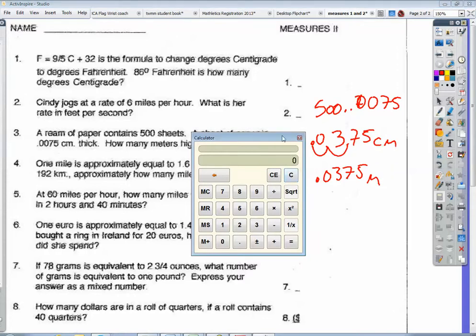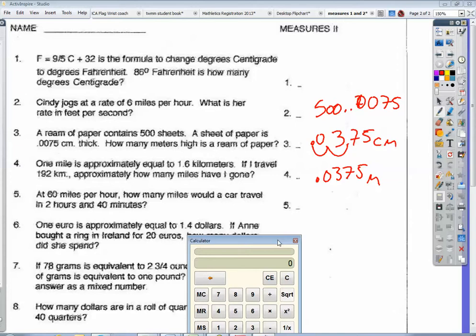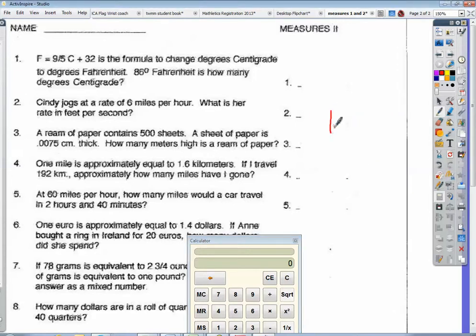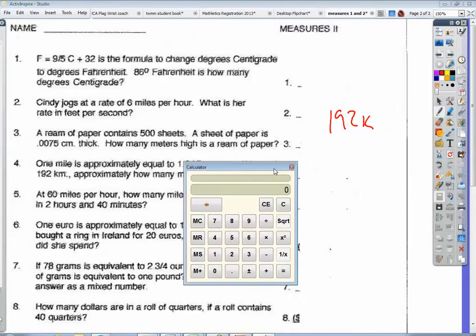All right, 1 mile is approximately equal to 1.6 kilometers. If I travel 192 kilometers, approximately how many miles have I gone? Well, just sort of divide that by 1.6. You get 120 miles.